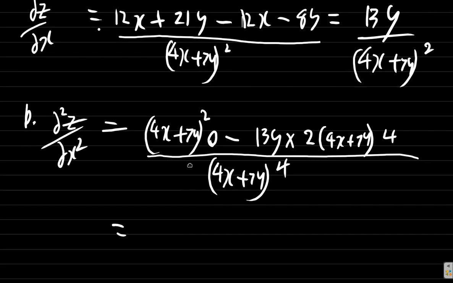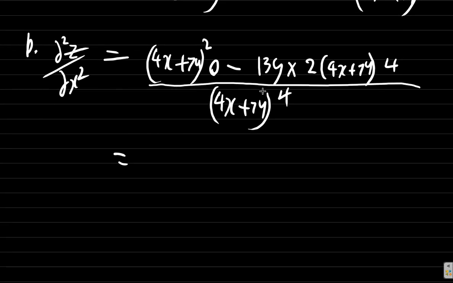So what we have here is negative 13y times 2 times 4. 2 times 4 is 8, and 13 times 8 is 104.